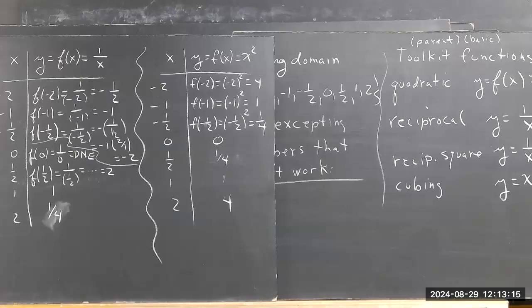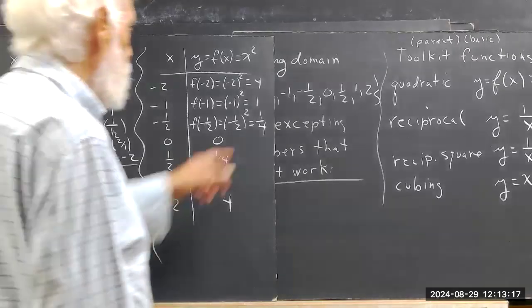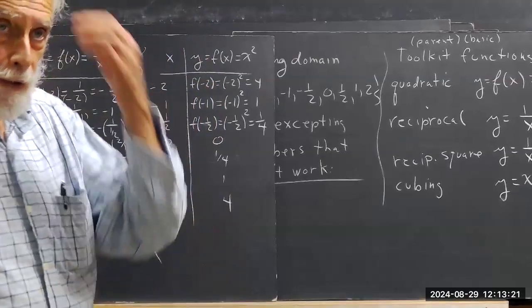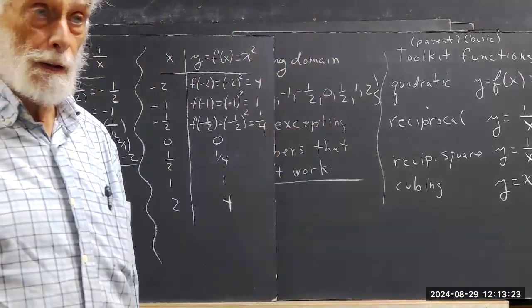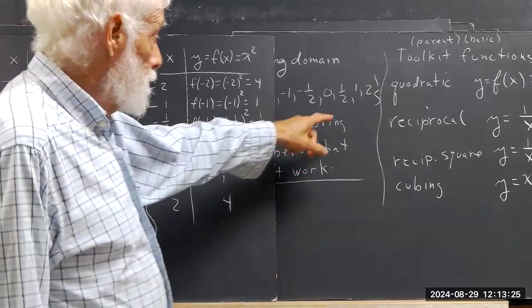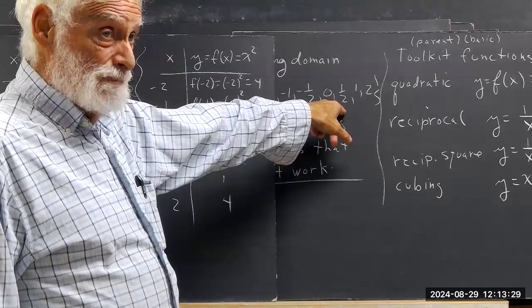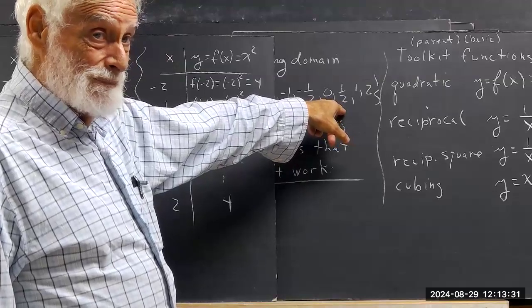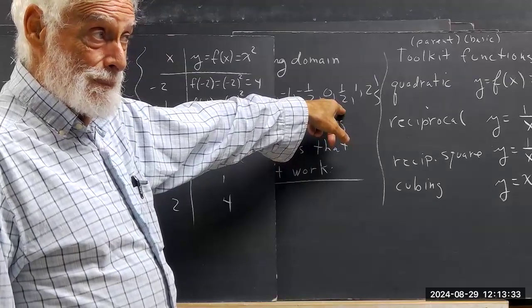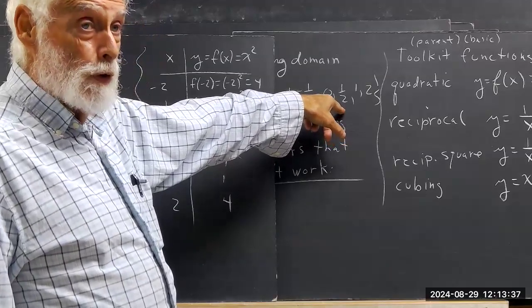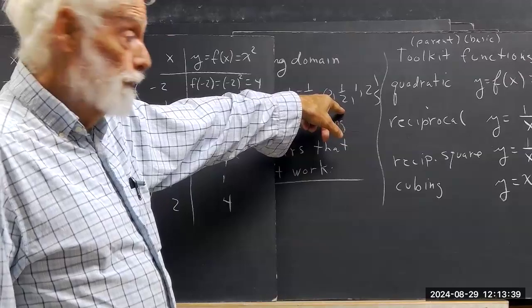Okay. As I said, if you use this domain and try to do the square root of x, you get numbers that you don't know how to calculate. What's the square root of 1/2? Okay. It's about 0.71. It is the reciprocal of 1.414, three significant figures.